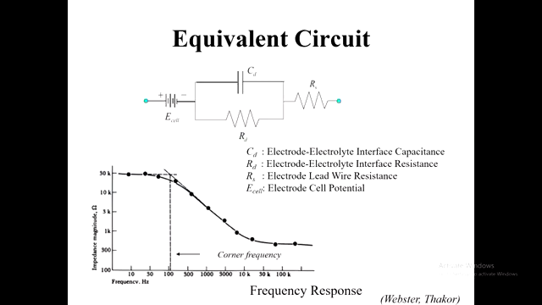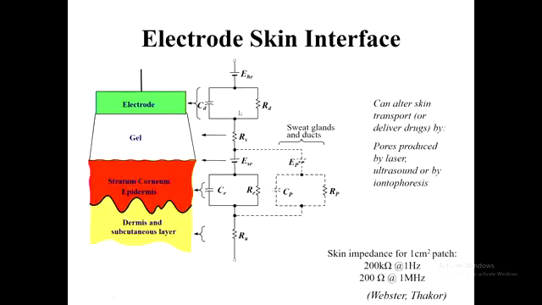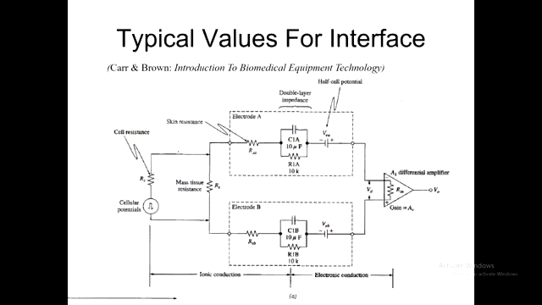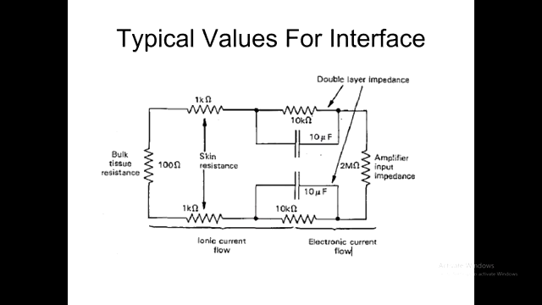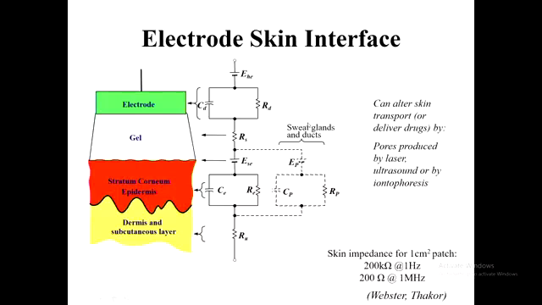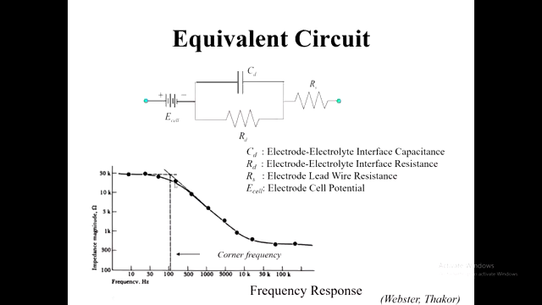For example, what would the corner frequency be here for the CD and RD values that are suggested by both Carr and Brown and Feinberg? You with me? Can you plug in these values to see if you can obtain a corner frequency that's consistent with this diagram?